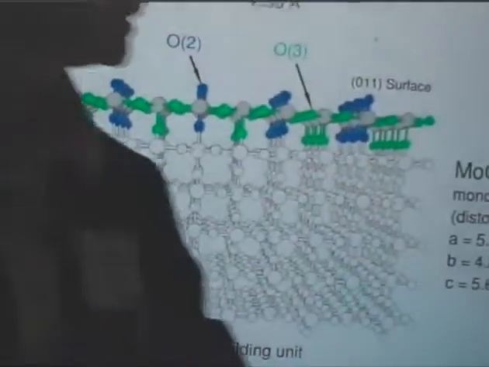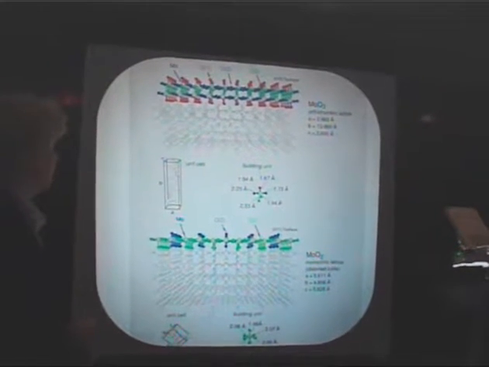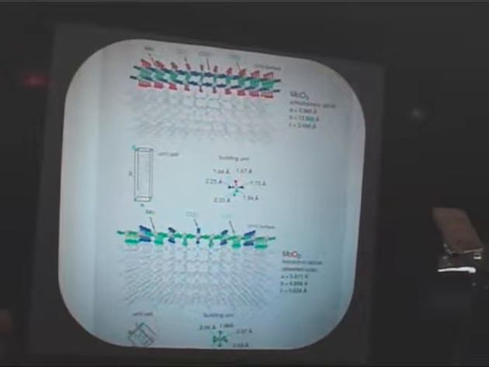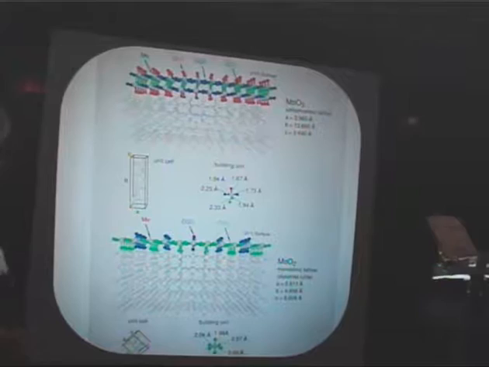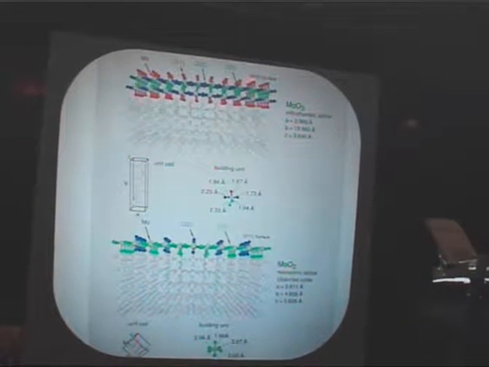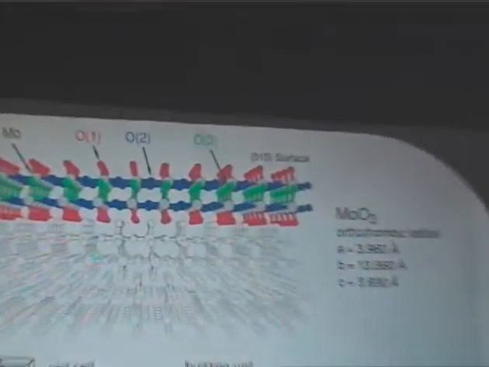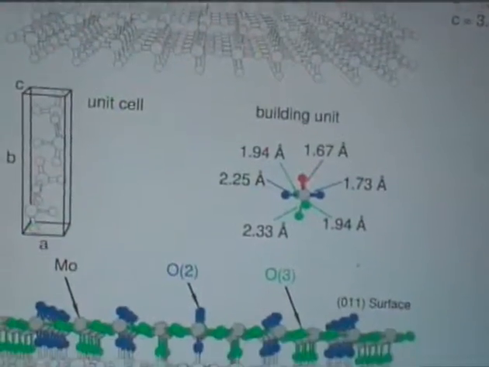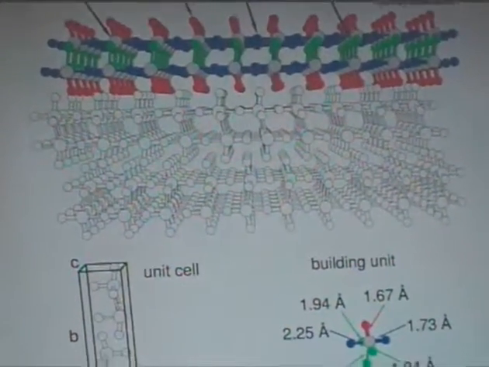What is interesting in these two systems is the different kinds of oxygen one can meet. We can have the singly coordinated oxygen, which will be denoted through all my talk in red. We can have a doubly coordinated oxygen, very asymmetric in the case of molybdenum trioxide and very symmetric in the case of molybdenum dioxide, which will be blue, and we can have a triply coordinated oxygen, which will always be green.